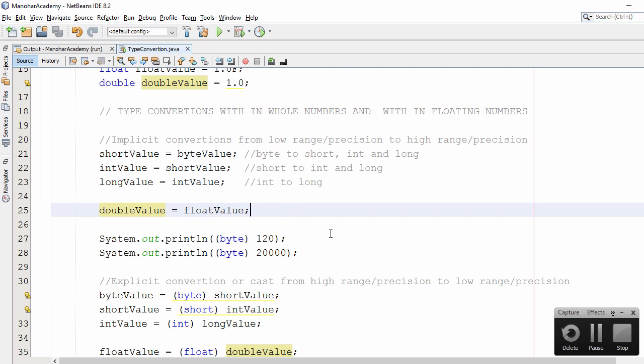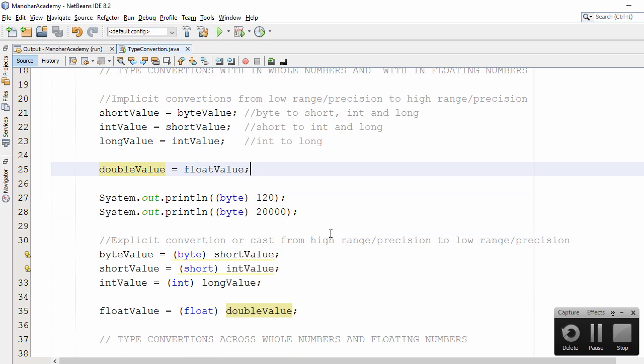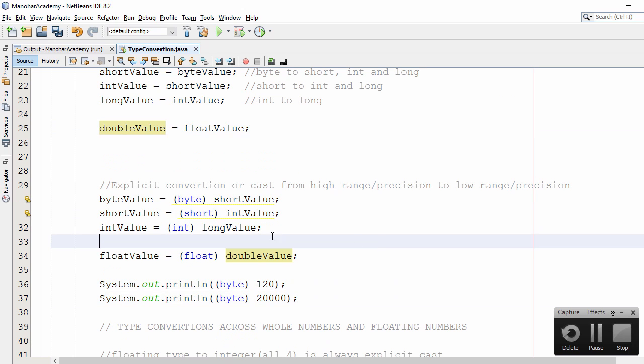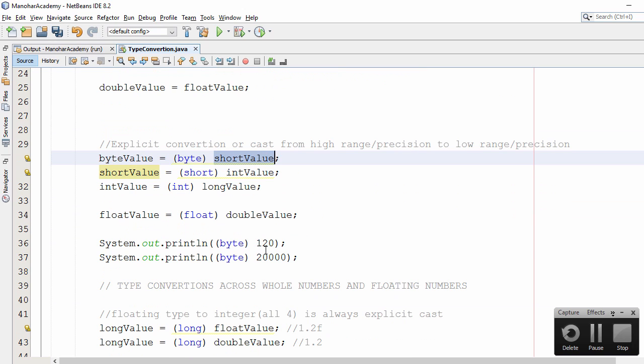Now if we go in the opposite direction, for example, if you want to assign a short value to a byte value, obviously the short value range is greater than that of byte, so the compiler won't allow you to do that kind of assignment. In this case, you have to explicitly convert short to byte.